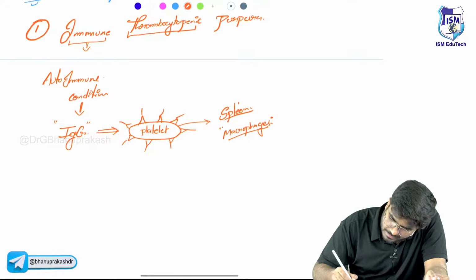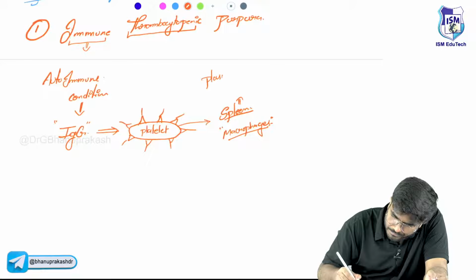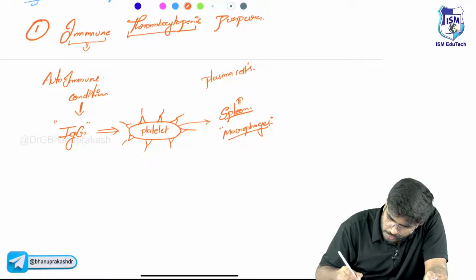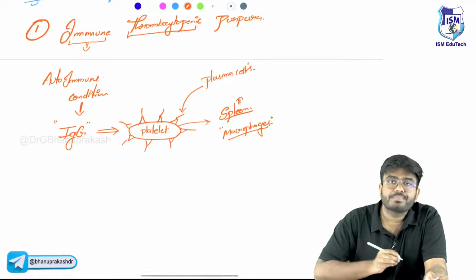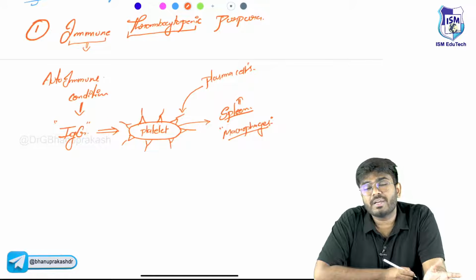First of all, who is producing these antibodies in the spleen? The plasma cells in the spleen are going to produce these IgG antibodies. Once these IgG antibodies are coating the platelets, such platelets are going to be consumed by the splenic macrophages.